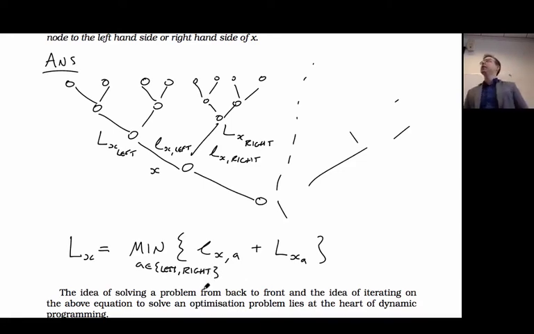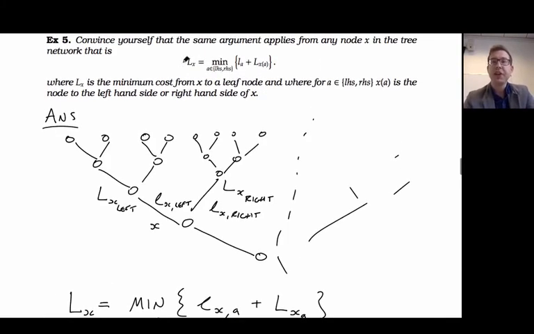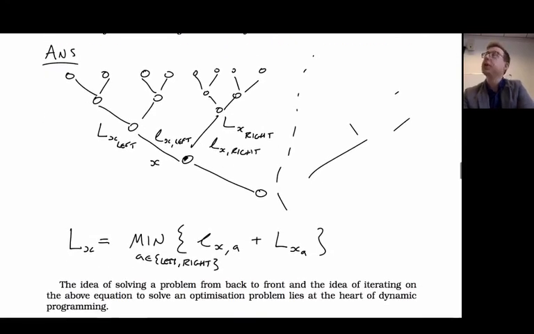So exactly the same idea. It didn't matter that the calculation of this Bellman equation was for the root. It could have been anywhere in this tree. The cost that you incur is the cost of the movement plus the cost of the place that you end up at.